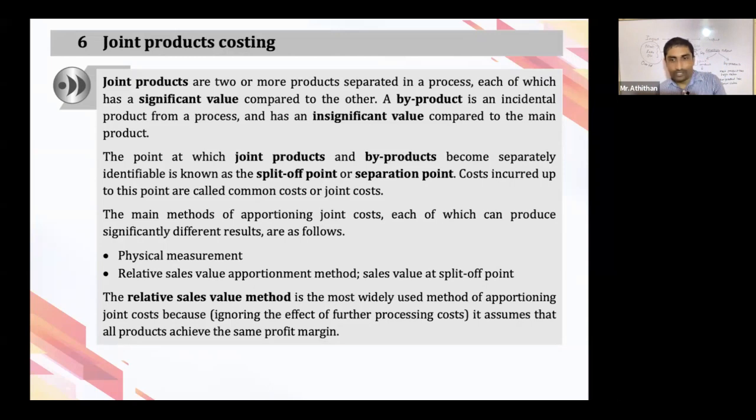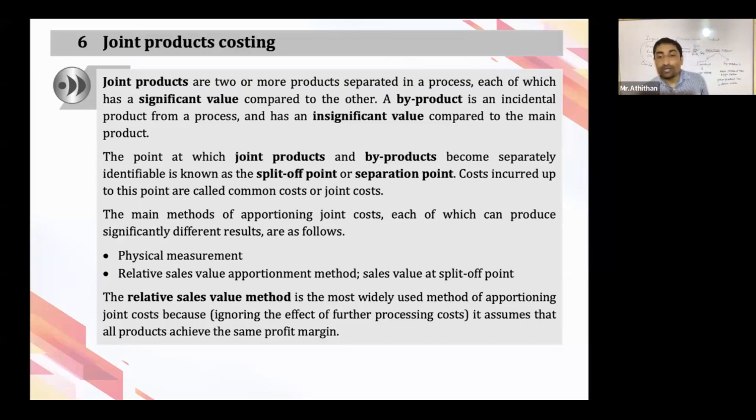So same process but different products, each of which has significant value compared to each other. So their value is similar, not same, similar. So we cannot separate one is high and one is low. ஒன்று கூட ஒன்று குறைய என்று சொல்லல. அது ரெண்டுமே significant value, ரெண்டுமே முக்கியமான கணிசமான பெறுமதியை கொண்டிருக்கும்.